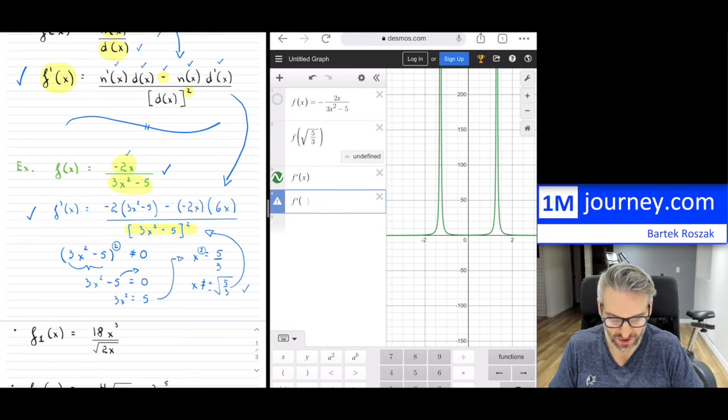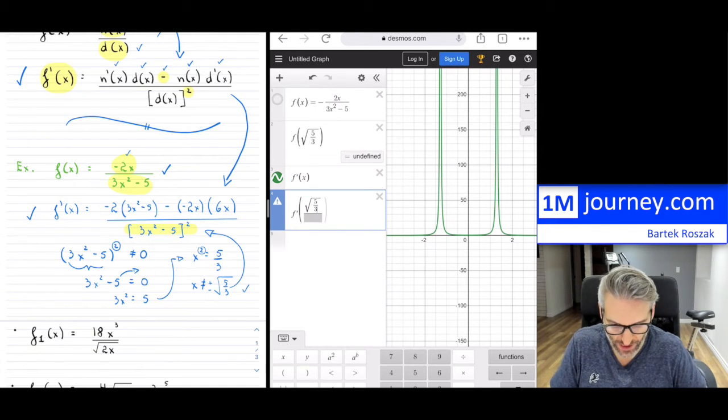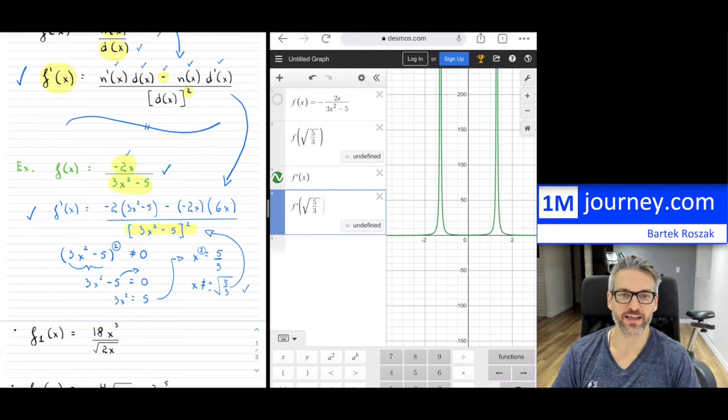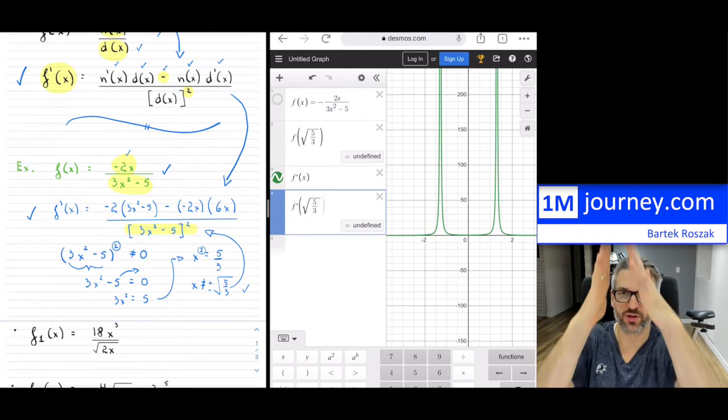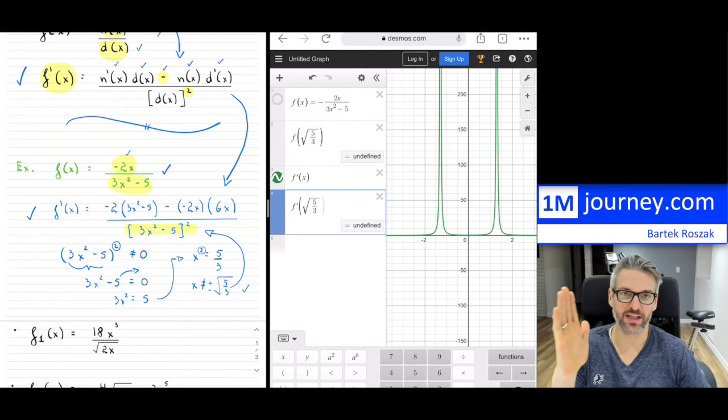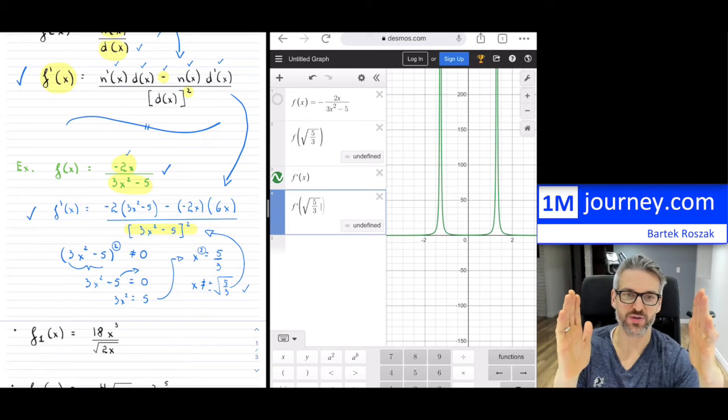So the square root of 5 over 3. Let me just go back and erase that. Notice that it's undefined, and we can see that the derivatives are spiking there. That's on the left-hand side at negative square root of 5 over 3, and on the right-hand side you see the same thing.